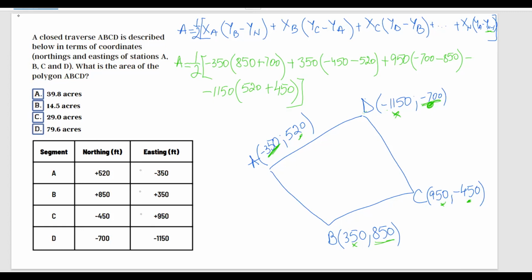Okay, so I'm done with this. Now let's move forward. I'll have 700 negative value, 850 negative value, add it up, and then 950 multiplied.